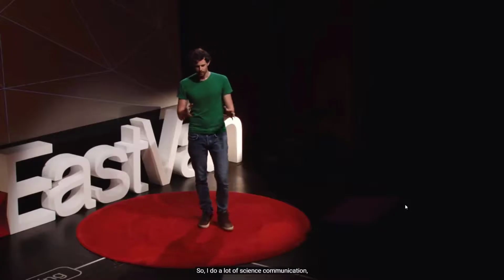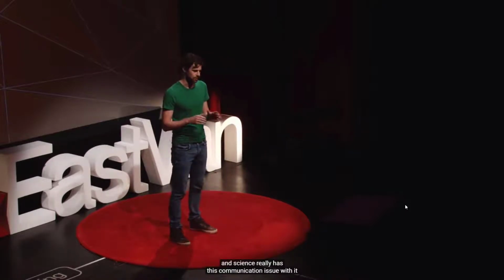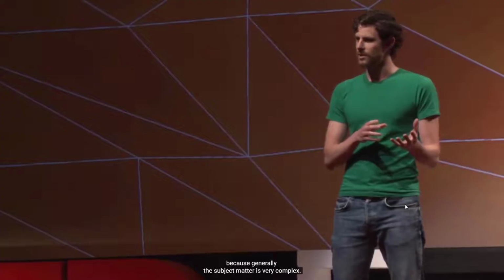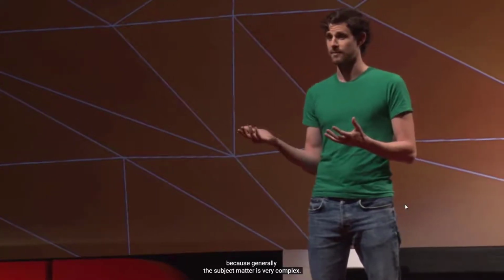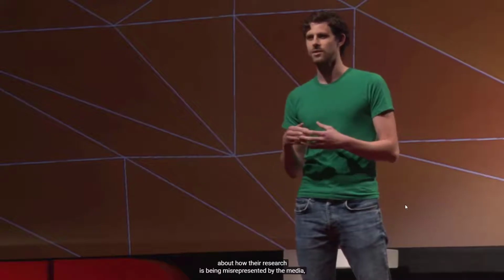So I do a lot of science communication, and science really has this communication issue because generally the subject matter is very complex. And you might know scientists are always complaining about how their research is being misrepresented by the media. Like, drinking wine cures cancer.